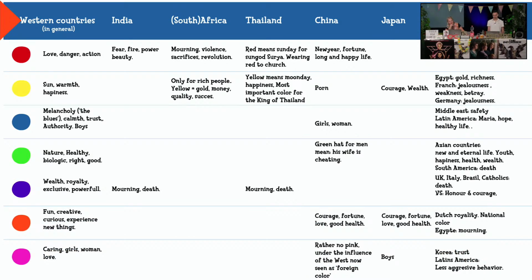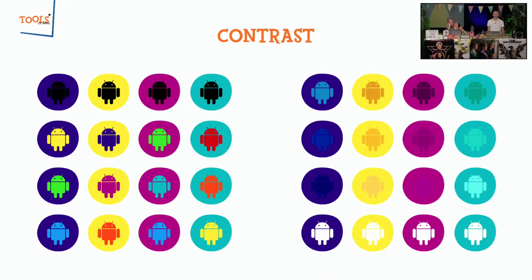Okay. So the meaning of color is one thing, but another is contrast. I just mentioned it before with the colorblindness test. If you take a look at these robots in their circles, then you can immediately see which color combinations work and which don't.